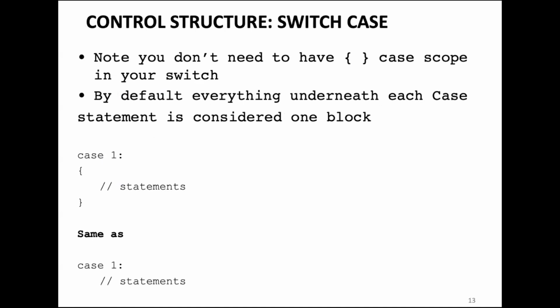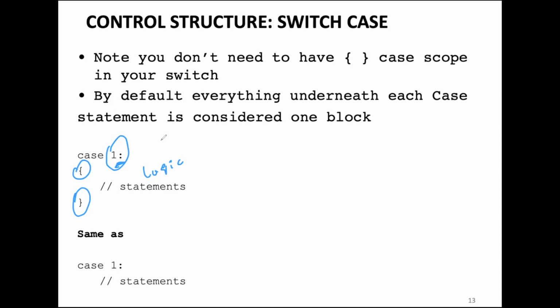A lot of times when you write switch case, in the past I've seen people using curly braces to encapsulate these various different statements. These are your logic associated with case 1, where 1 is what the switch statement's expression evaluates to.